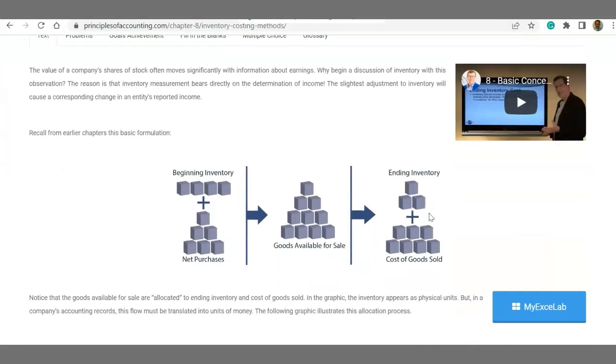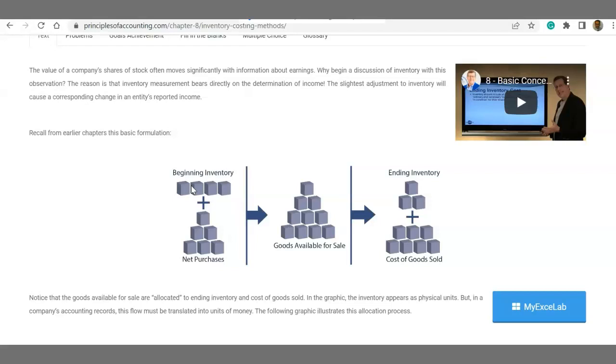Okay. So here is the concept of BASE, which I taught you already. If you remember, I said in order to calculate the cost of goods sold, you can use BASE, B-A-A-S-E, and just plug in your numbers.